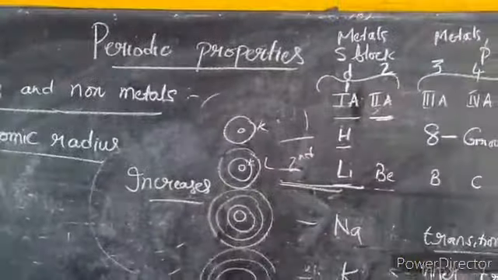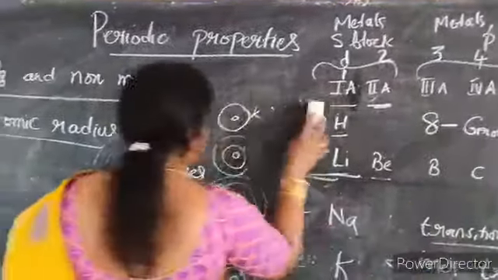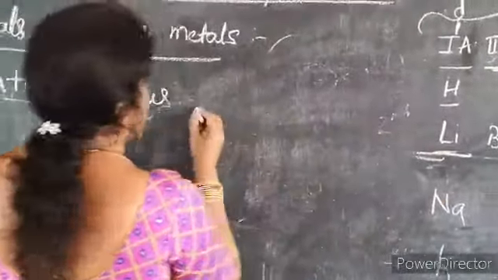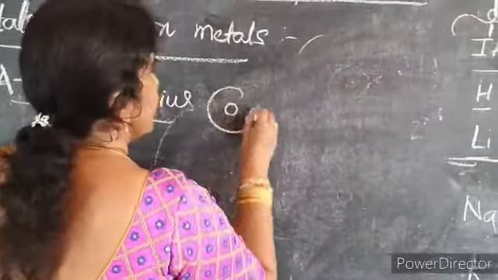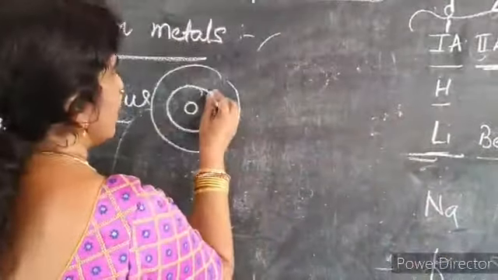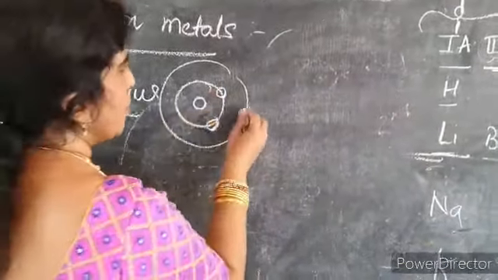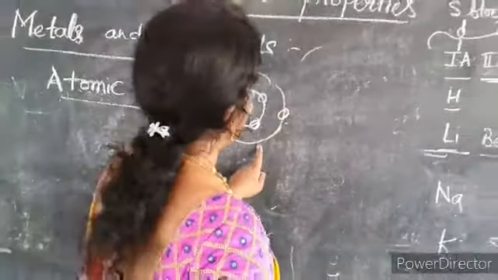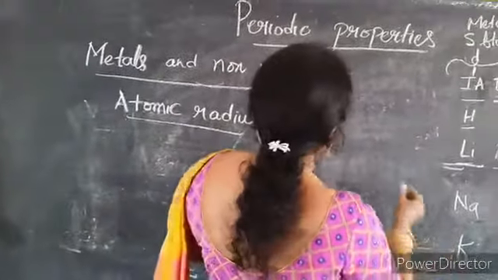Let us look at the number of electrons present here. Lithium's atomic number is 3. So, in the first shell, we have 2 electrons. In the second shell, we have only 1.